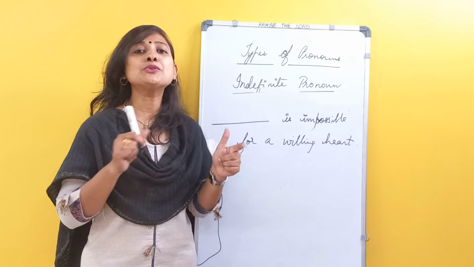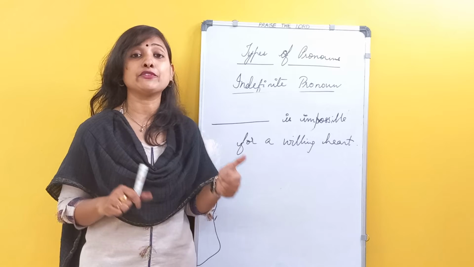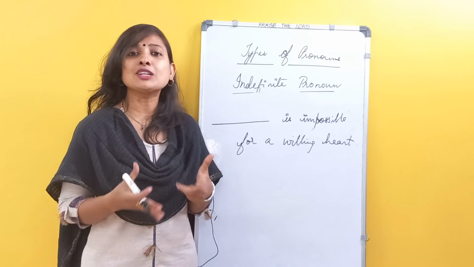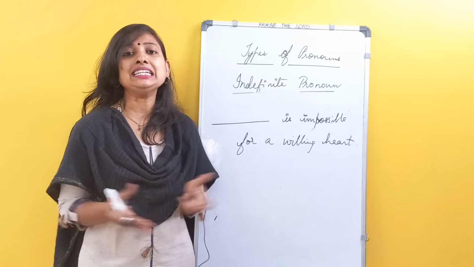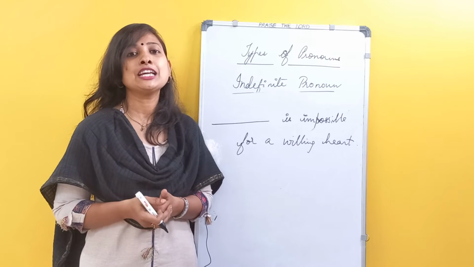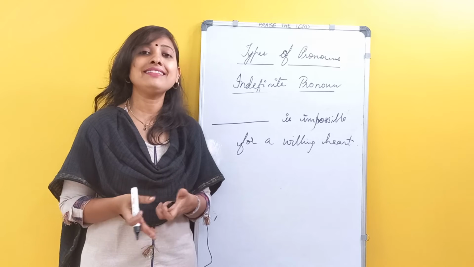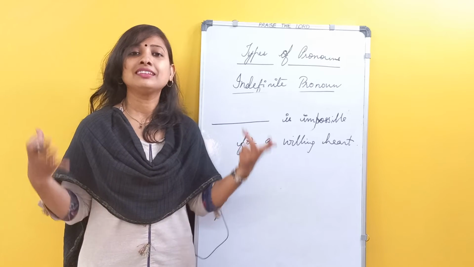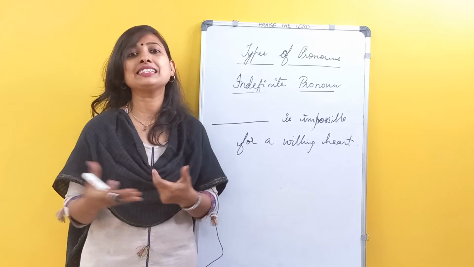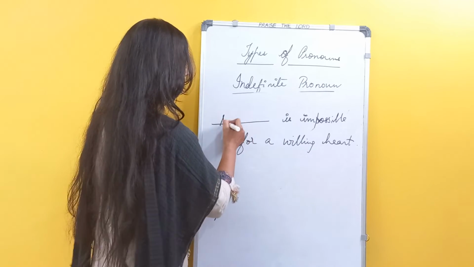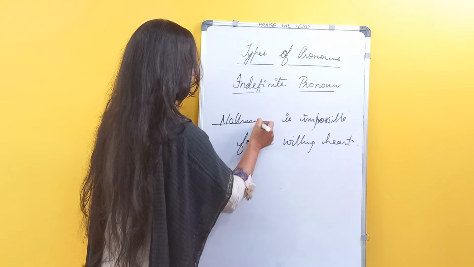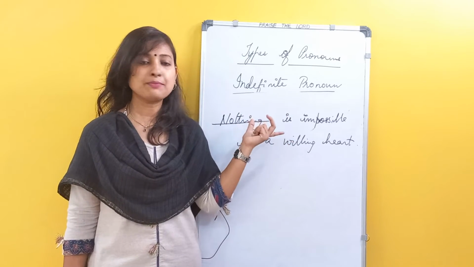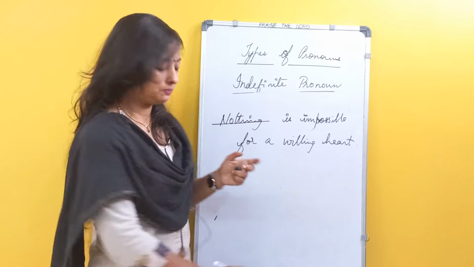So those who will to do something, if they have a zeal to do something, if anybody has got a zeal to do something, nothing is impossible for them. They can just go ahead and do anything. Nothing matters, age or height or anything. So, nothing is impossible for a willing heart. So, this is about indefinite pronoun.